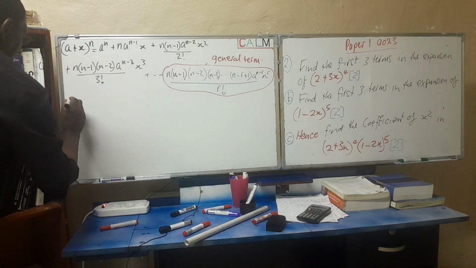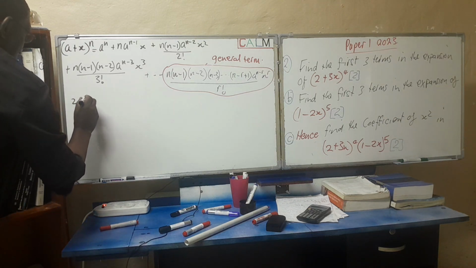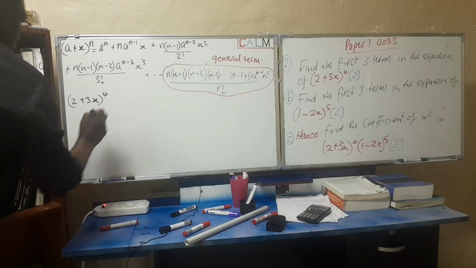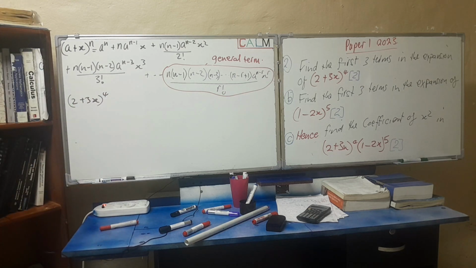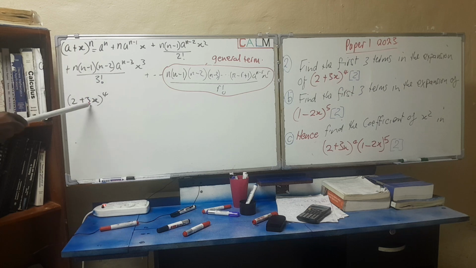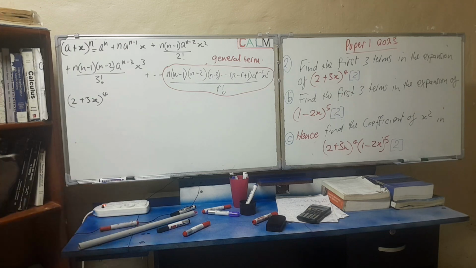So we have our (2 + 3x) raised to the power 4. What is our a? Our a in this case is 2. What is our x? 3x is taking the place of x, so we are going to expand it around 3x. So let's get cracking.